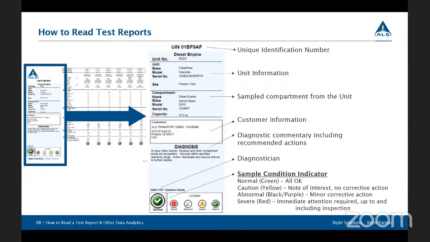So it is something that we do expect some action to be taken to mitigate whatever the parameter or abnormal result is. And then we have severe, which is an immediate attention required up to and including inspection. So that's something where we expect somebody to immediately go out, possibly shut down that piece of equipment and begin to take a corrective action based on whatever those results show.